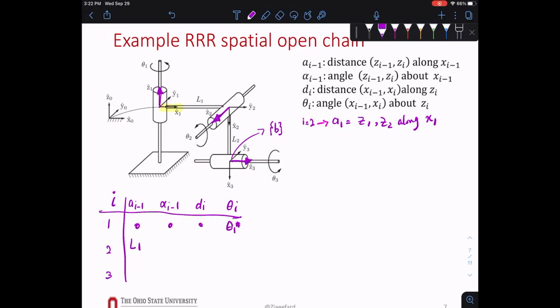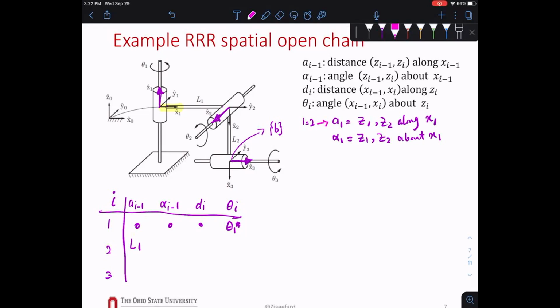What is alpha I minus 1? So let's see what is that, which is alpha 1. Alpha I minus 1 is the angle of Z1, Z2 about X1. Let's draw this one, all right? Let's see what's going on.